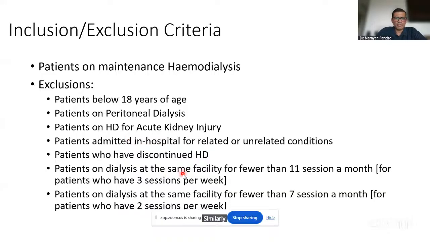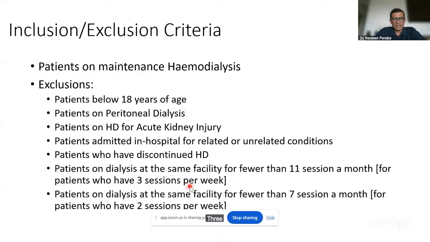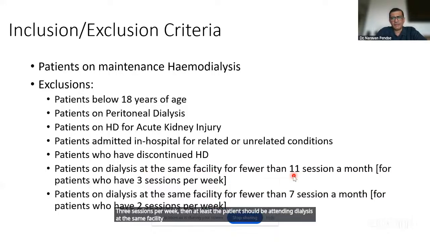Similarly, one of the problems which happens in dialysis is regular attendance of the patient or regular sessions of dialysis. For example, if the patient is undergoing 3 sessions per week, then at least the patient should be attending dialysis at the same facility for a minimum of 11 sessions a month.